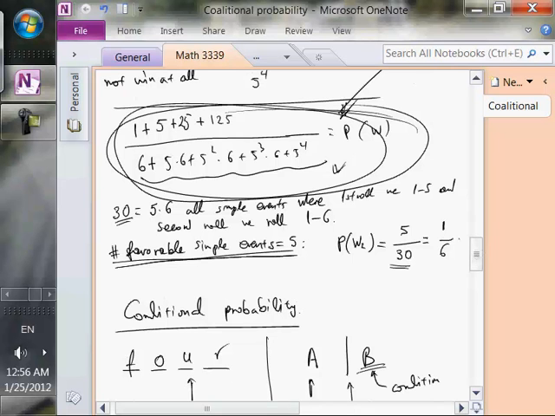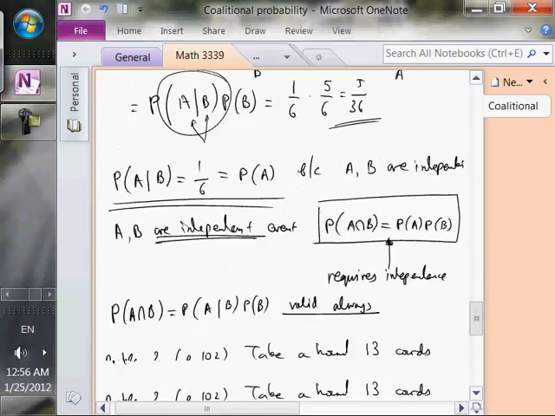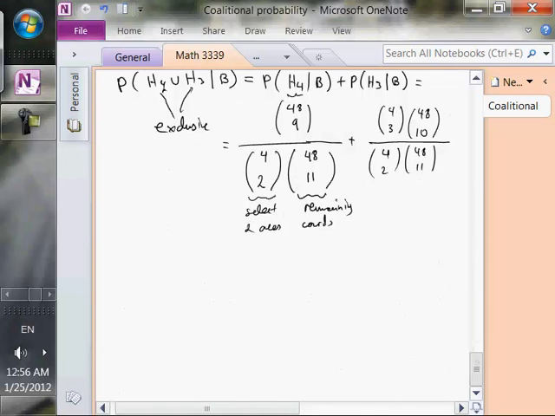The rules of counting for calculating probabilities are only valid if all simple events are equally likely. Well, here we have a case where all simple events are not equally likely. And let me just put that further down so I get some free space and explain.